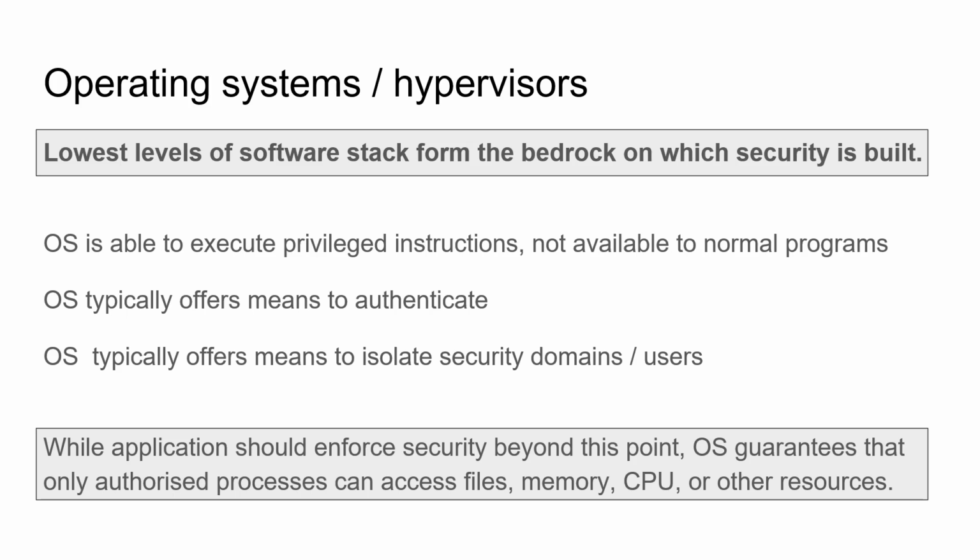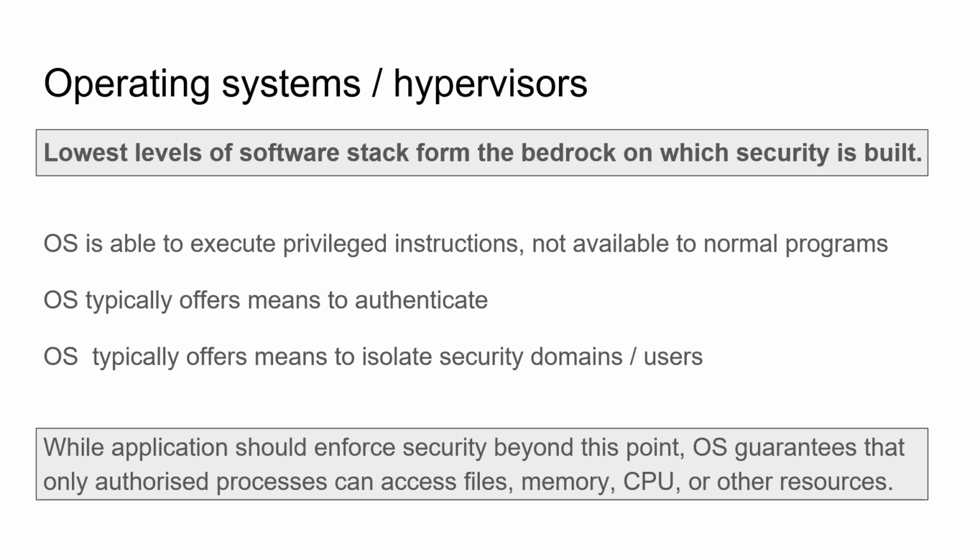And the operating systems typically authenticate users or processes so that they can deny or allow them to do certain things. And to do that, the operating systems offer certain primitives to isolate security domains or users.